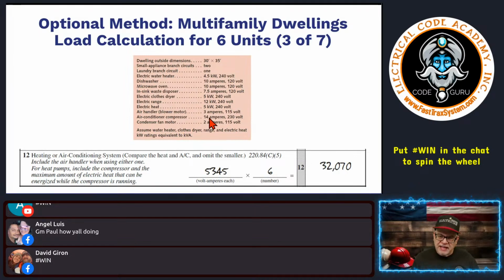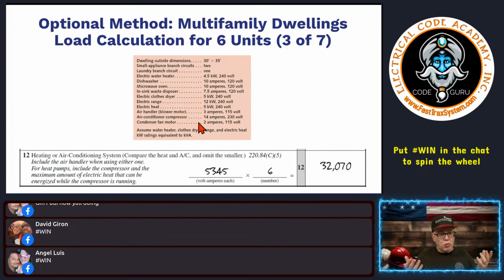If you compare that to the AC, which is 3 times 115, which is 345, 14 times 230 is 3,220, and 2 times 115 is 230. You add all those up, and that's going to be less than the 5,345. So we're choosing what? We're going to choose the heat. So that's basically, in a nutshell, how you do the comparison.